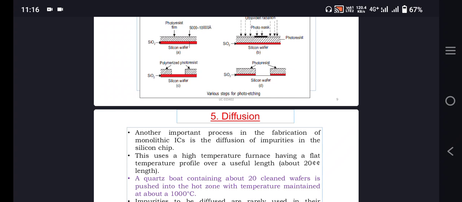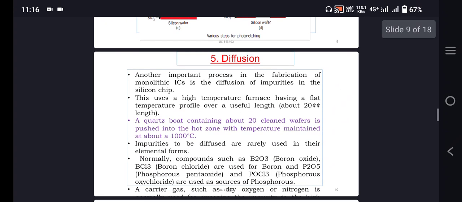Here the high temperature furnace having the flat temperature profile over some 20 cm length is normally used. The quartz boat containing 20 cleaned wafers is pushed into the hot zone with a temperature of 1000 degrees Celsius.